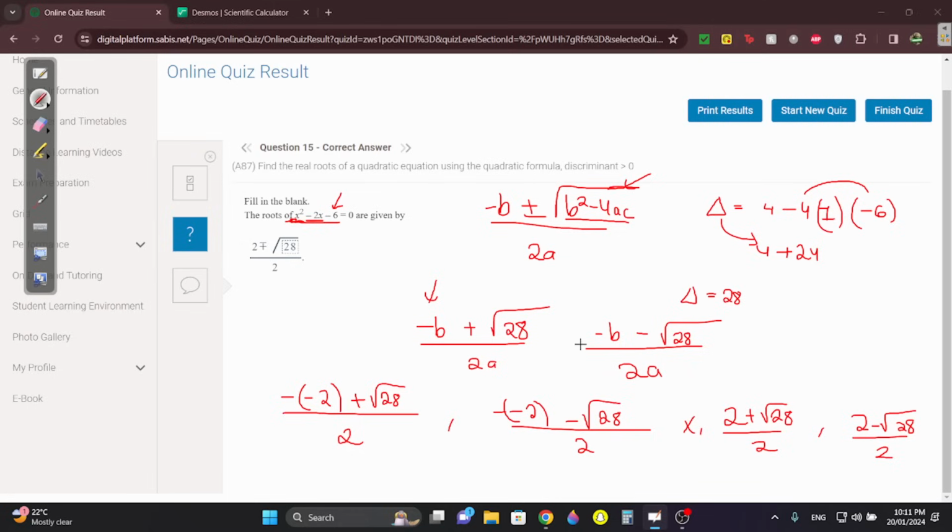This is the same as writing plus minus, one with plus, one with minus. There are a lot of other questions like this, but please remember the discriminant is very important. b squared minus 4ac, find it first, then solve.